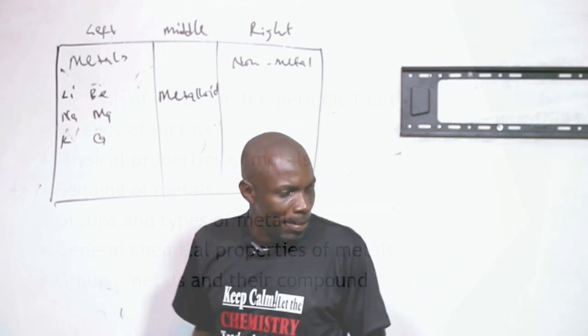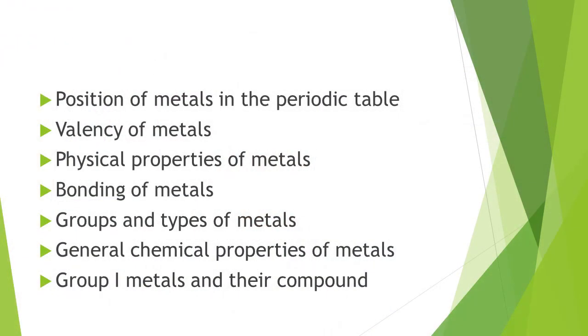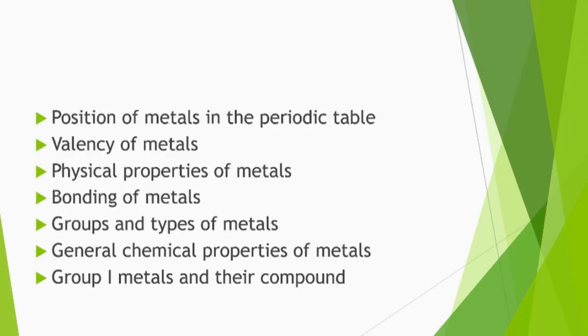Now we can also see metals based on valency. When we are talking about valency, we are talking about the combining power of an element. You can also talk about the number of electrons that occupy the outermost orbitals.